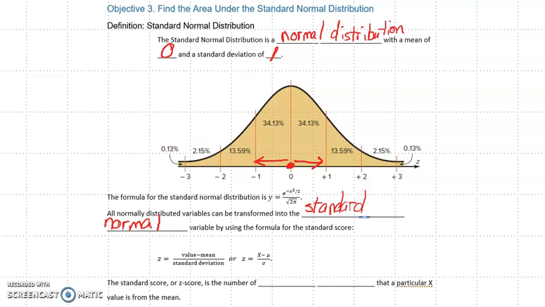By standardizing the score or standardizing the value. And the way we do that is a formula that we're already familiar with, where we find the z-score. So the z-score is actually a description of the number of standard deviations that a particular x value is from the mean.